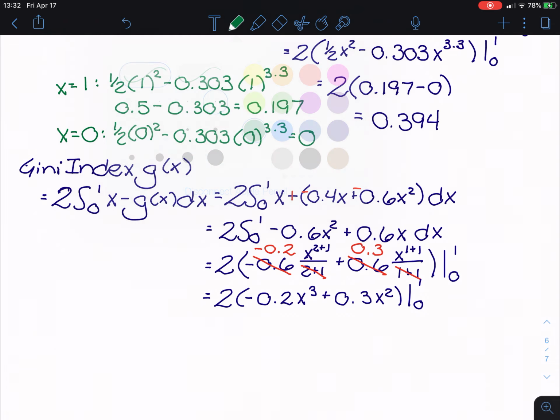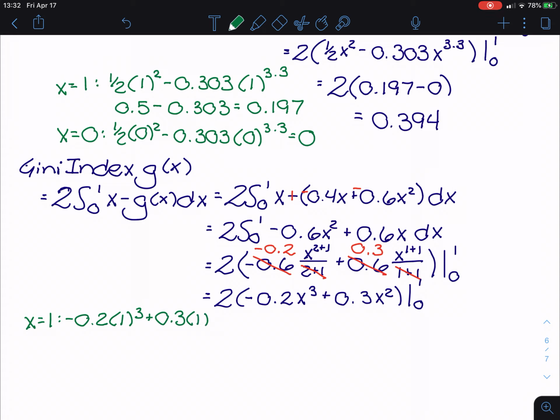When x is equal to 1, I take negative 0.2 times 1 cubed plus 0.3 times 1 squared. That becomes negative 0.2 plus 0.3, which gives me a positive 0.1.